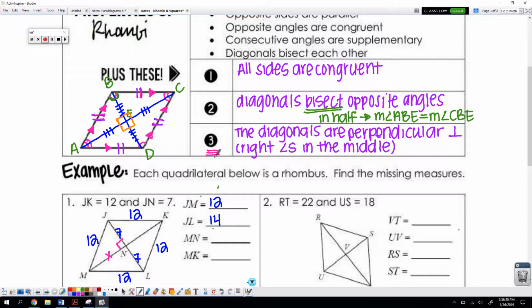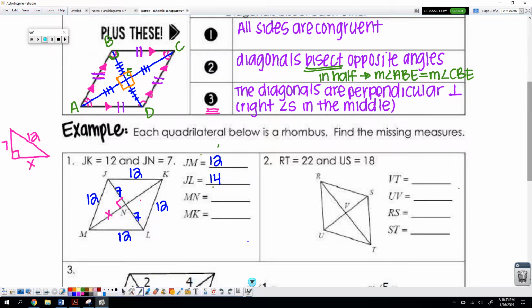If you need to see it, you can go through and draw it. It looks like this. And we have 7, we have 12, and then we have X. How would you find that? Yes, we should use the Pythagorean theorem.